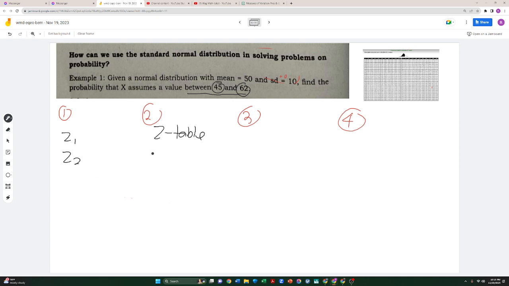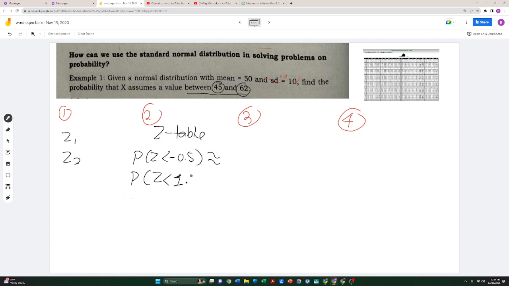Once you use the z table, you can represent it like this so the solving is standard. So approximately, how many in the z table? Then P, there are two of them, 45 and 62. So one is 1 point.